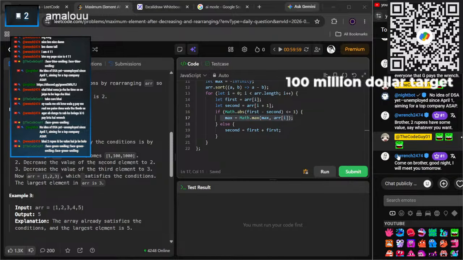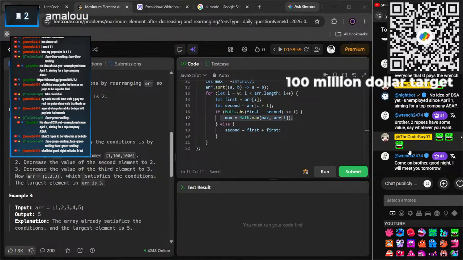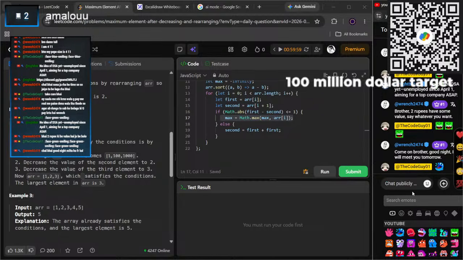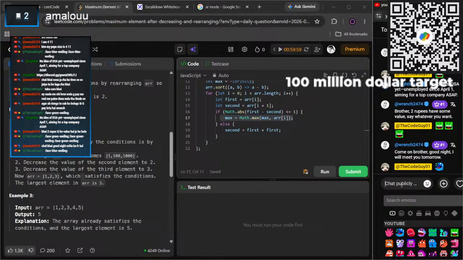You know what? I got his number. I got his number. The real reason was to get his number. When he paid me through UPI or FamPay or something, I got his number. I will put it on the Discord, man.